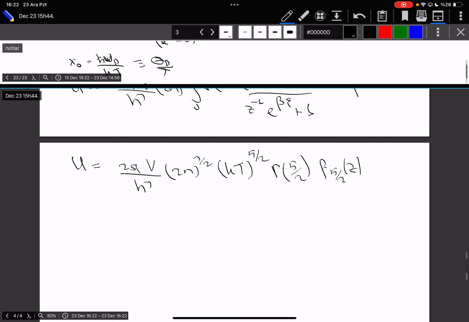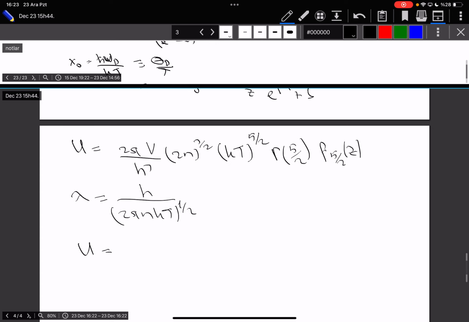Now I can use the definition of lambda, which will be h over 2 pi m kT to the power 1 over 2. So U will be V over lambda cubed.